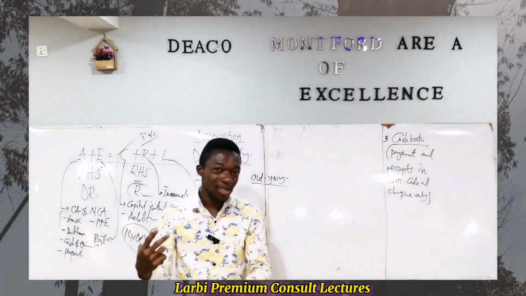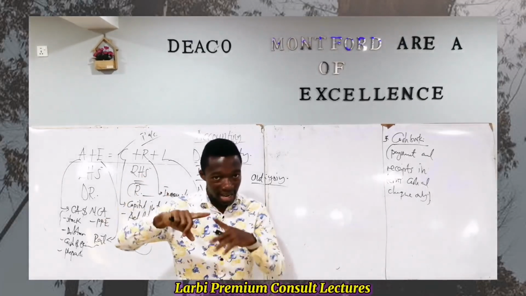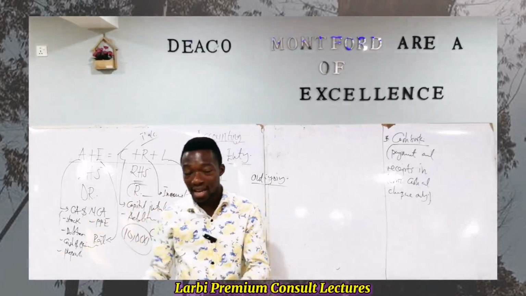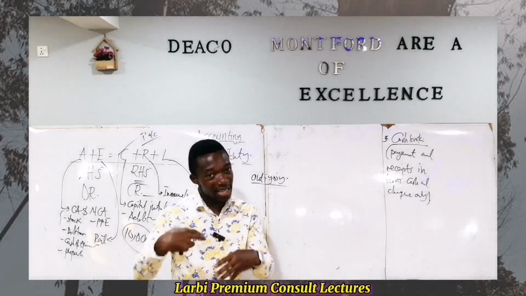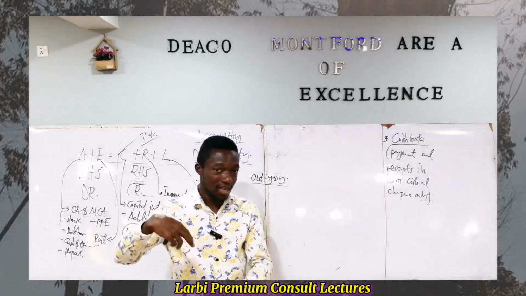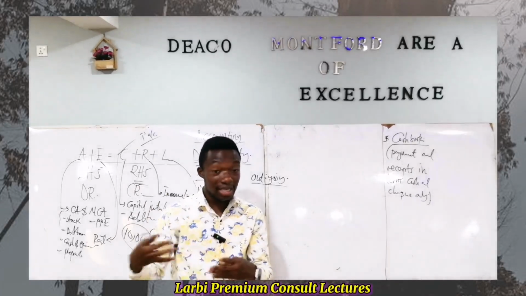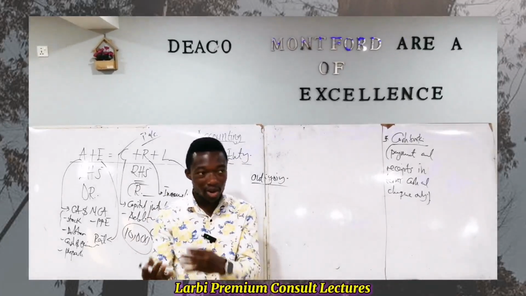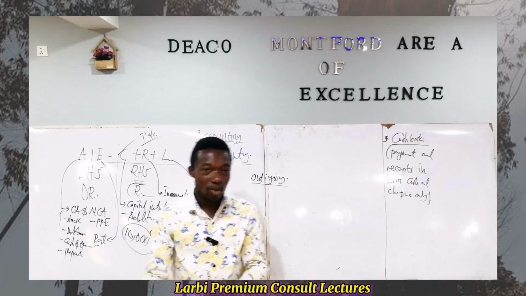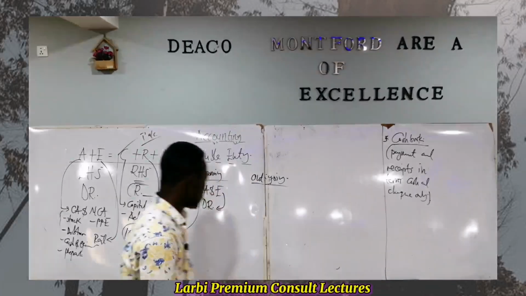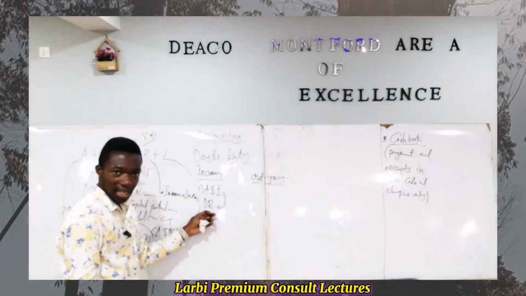So the vehicle is an incoming item, and it is also an asset. It falls under the asset group, and all incoming items are supposed to be debited. So the vehicle we bought with cash will come into the asset group as a debit entry.